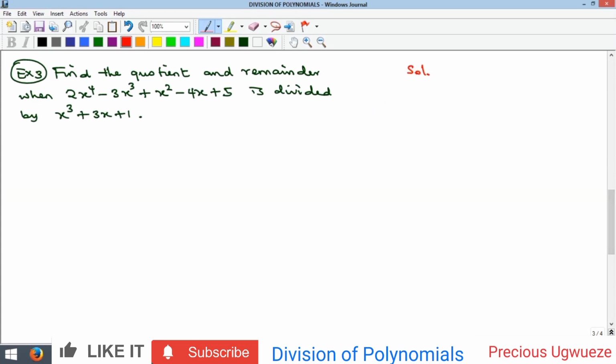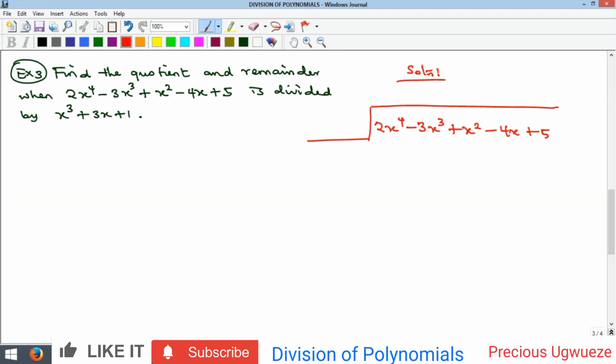Solution: here we have a polynomial of the fourth degree, 2x raised to the power 4, and it's to be divided now by x cubed plus 3x plus 1.